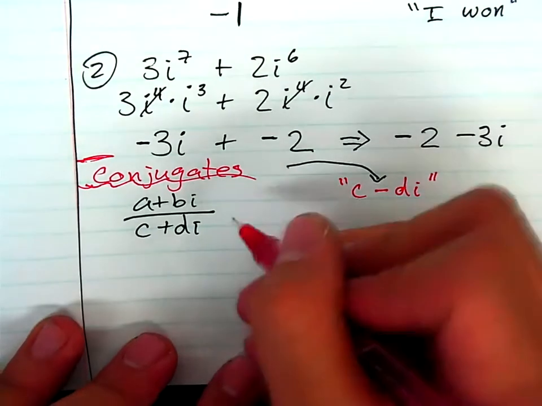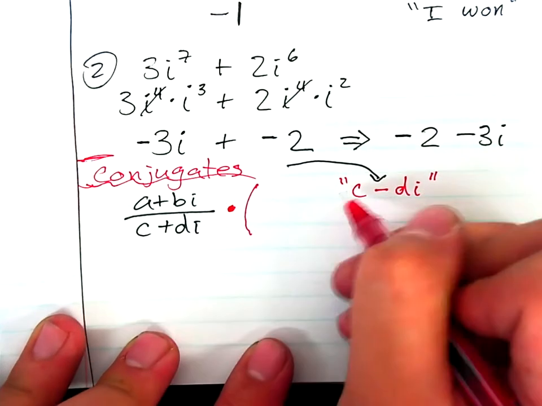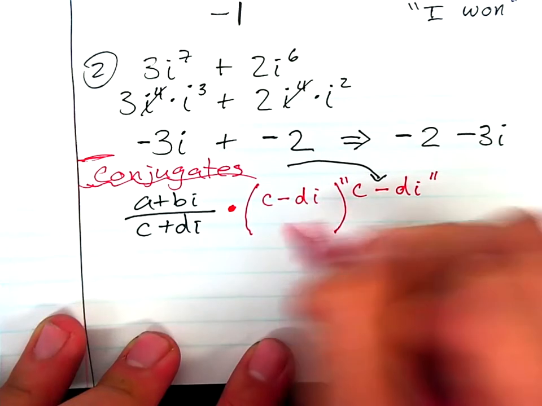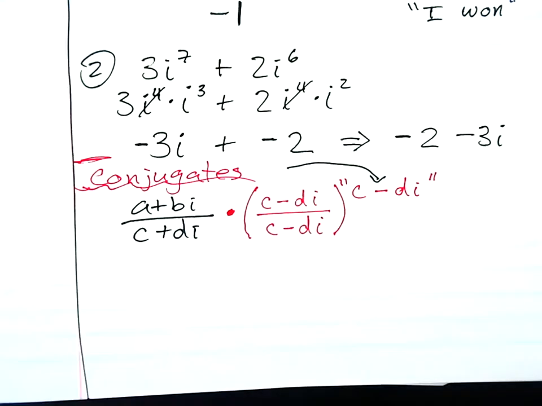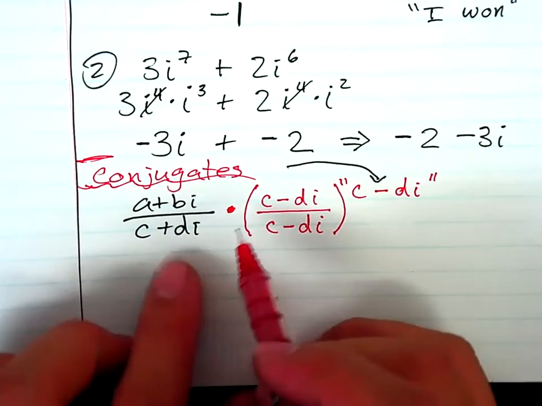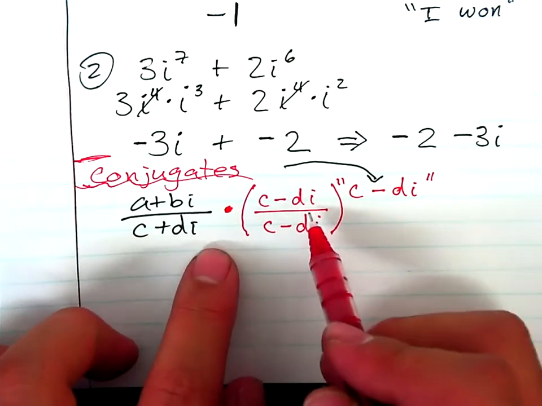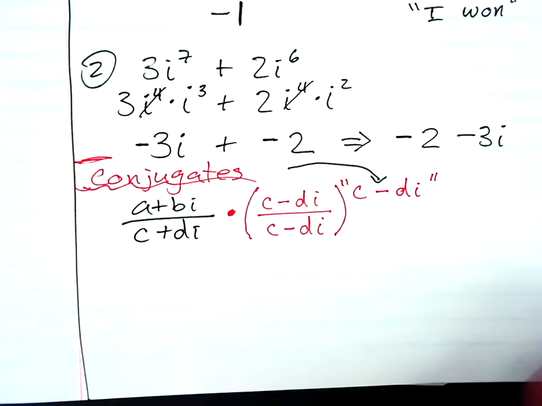So in that case, I'm going to multiply this whole complex number by c minus di over c minus di. Okay? So as long as you can remember why we do that, you also remember that conjugates are just like before, where we take the opposite of the second term. Okay, so with this, I'm going to go ahead and turn the page, starting on my final example.